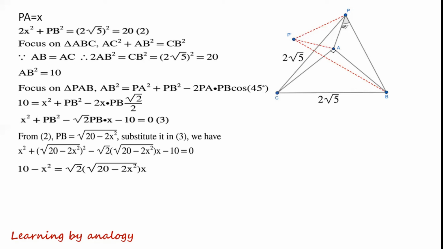So 10 minus x squared equals √2 times root of 20 minus 2x squared times x.